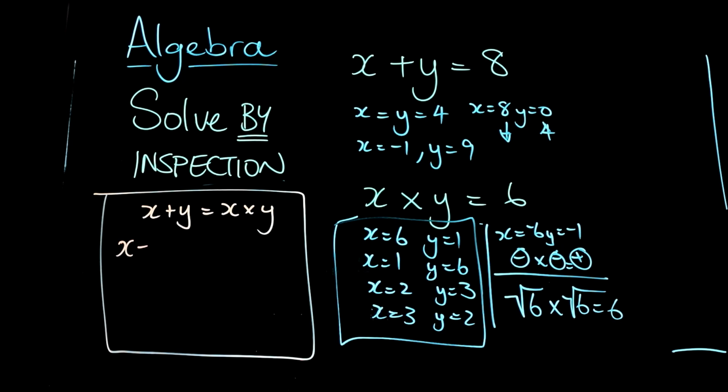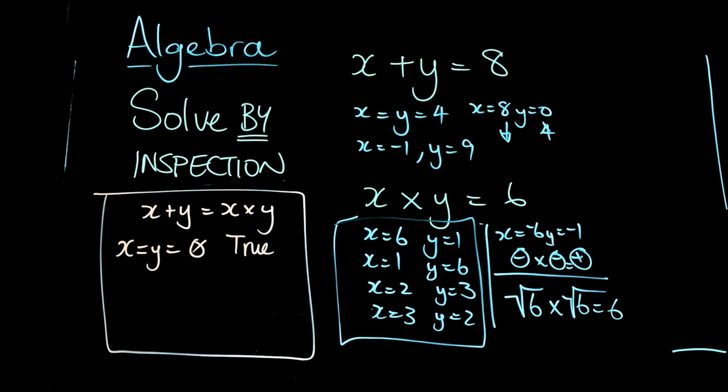I'm thinking, why don't we make them all the same and make them equal to 0? So on the left hand side, 0 plus 0, and on the right hand side we've got 0 times 0. The left hand side is going to equal the right hand side, so that's a valid solution.